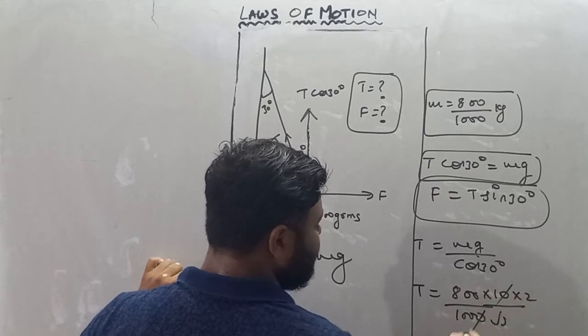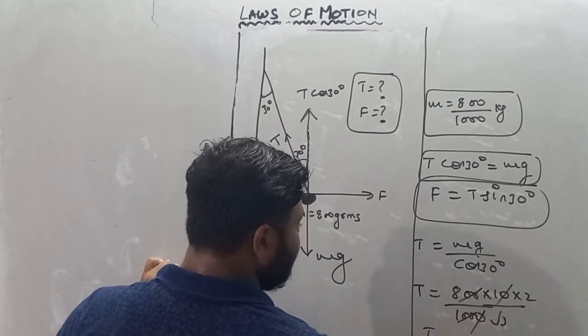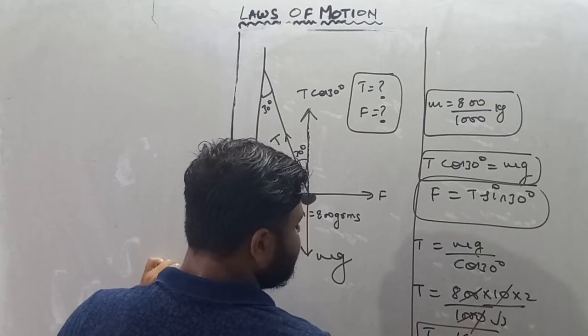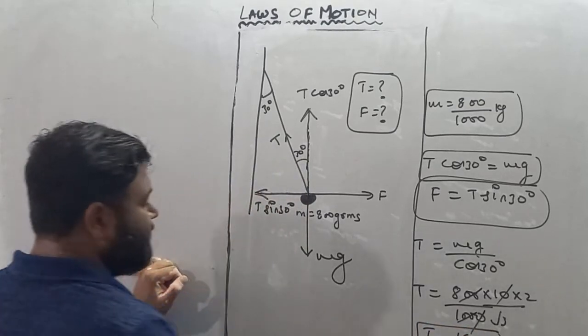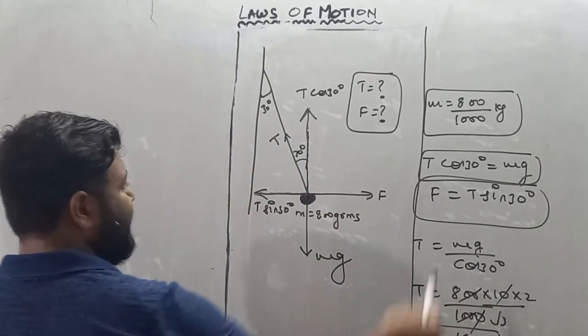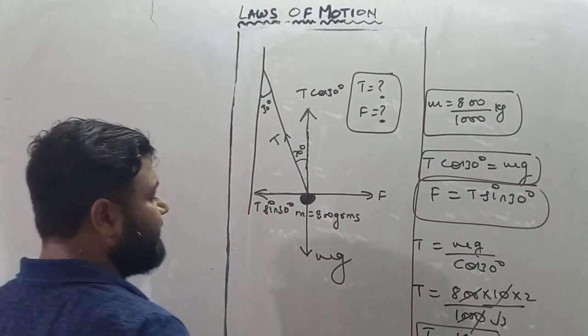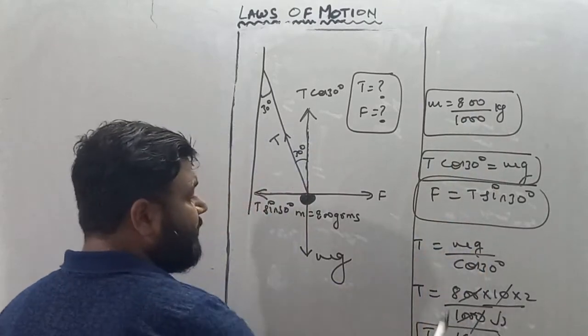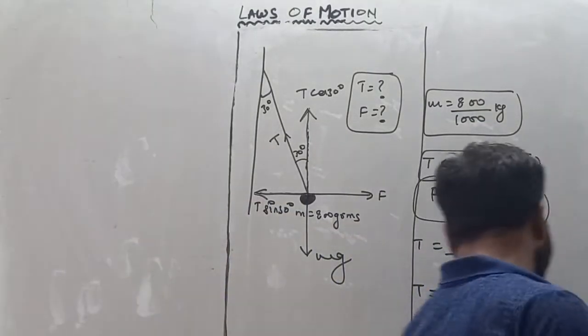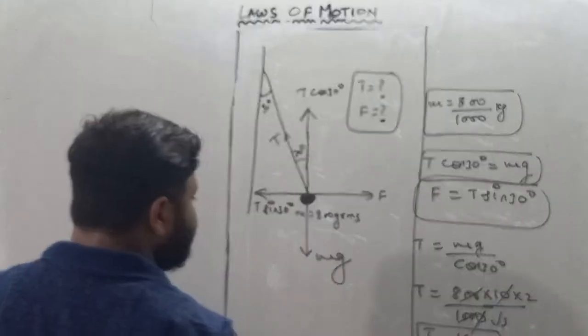So 10 10 cancel, 20 20 cancel. 8 2 is 16 by root 3 Newton. This is the value of T, my dear student, 16 by root 3 Newton, because 800 is converted into kg, so it will be 800 divided by cos 30 which is root 3 by 2. So my dear student, the value of T is 16 by root 3 Newton.